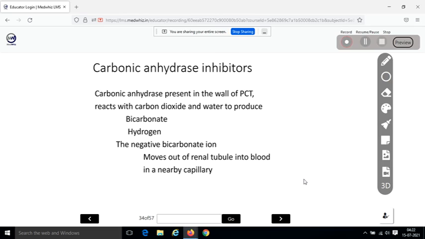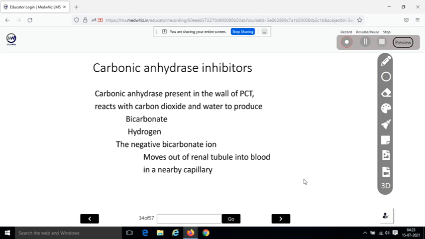Inhibition of carbonic anhydrase blocks sodium bicarbonate reabsorption, causing sodium bicarbonate diuresis and a reduction in total body bicarbonate stores.